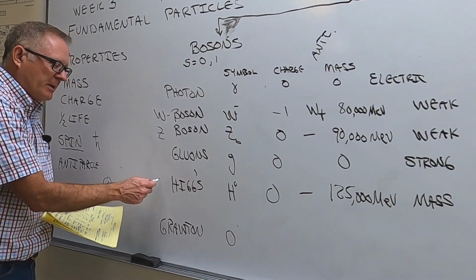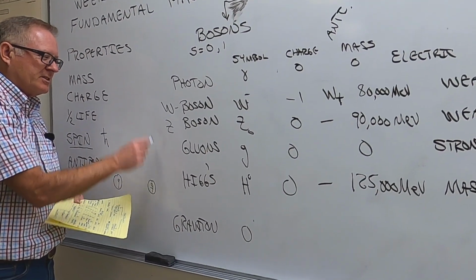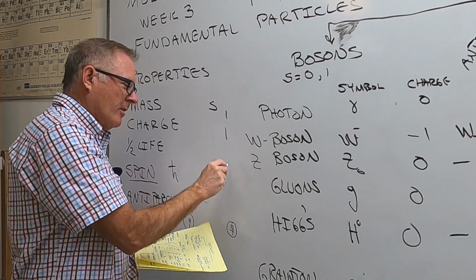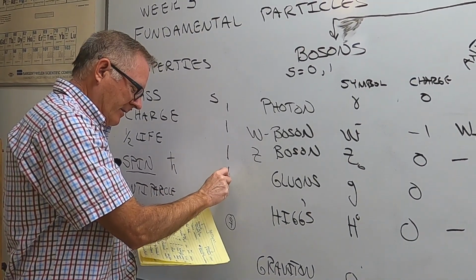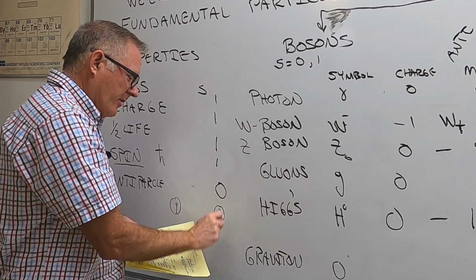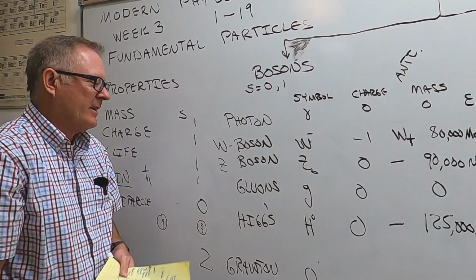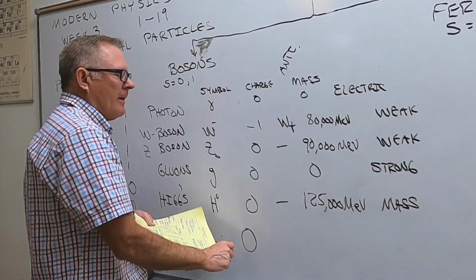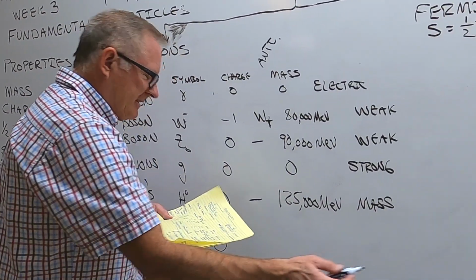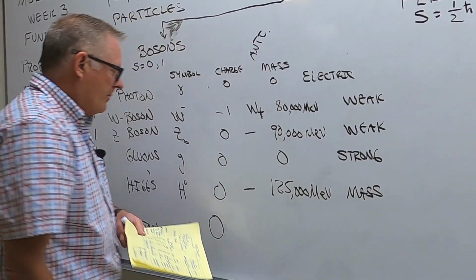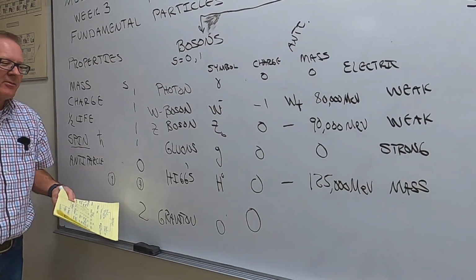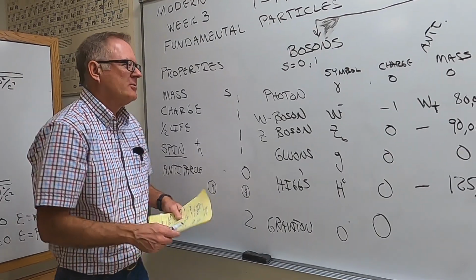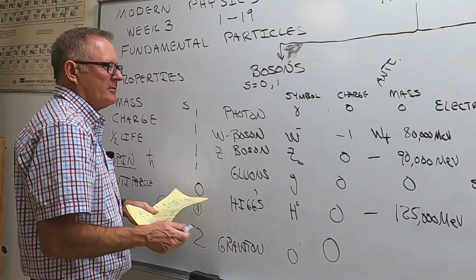Actually, when I said the spin on the Higgs, I should have said the spin of that one is 0. The spin of these is 1, 1, 1, 1, 0, and 2. But they're all integers. The graviton has no charge, no mass, and this is for gravity. But I don't even want to put this one in there because they've never seen it yet. But it should be there. Okay, so these are all the force carriers.